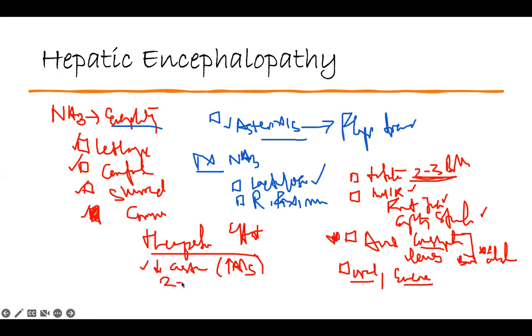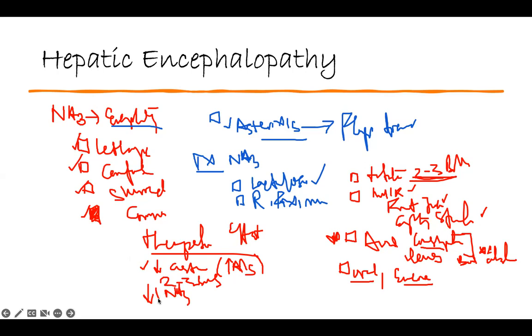2 to 3 bowel movements, once again, is the therapeutic effect. So if they're having 5 bowel movements, you have to cut down the lactulose to get 2 to 3 bowel movements. And the last one, you should expect the ammonia level to go down.